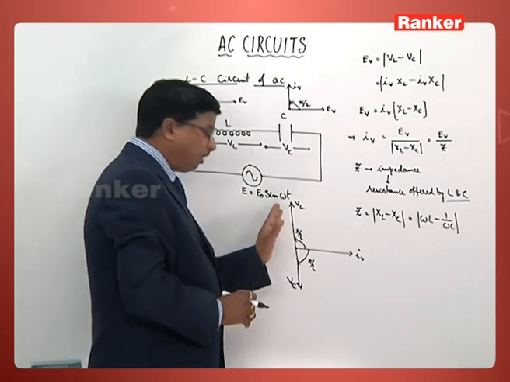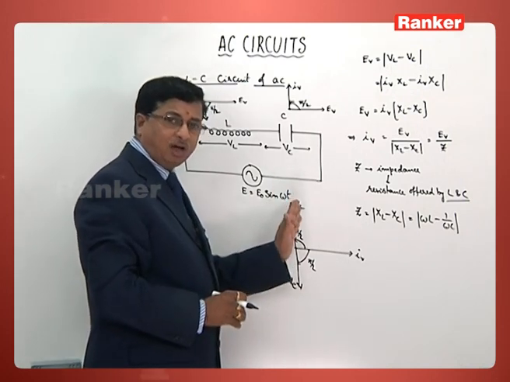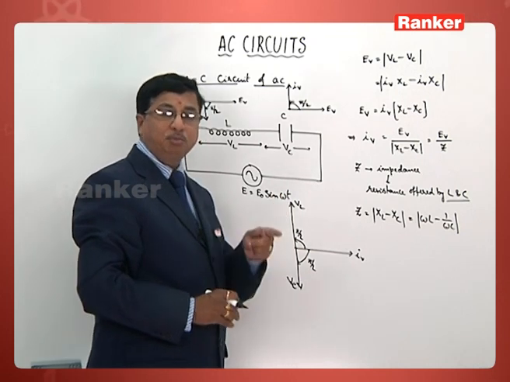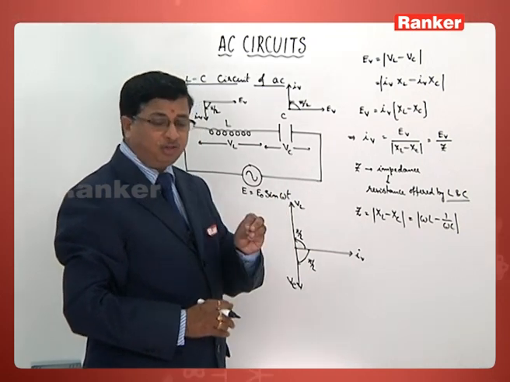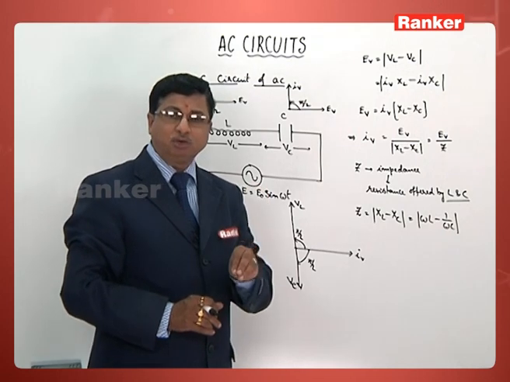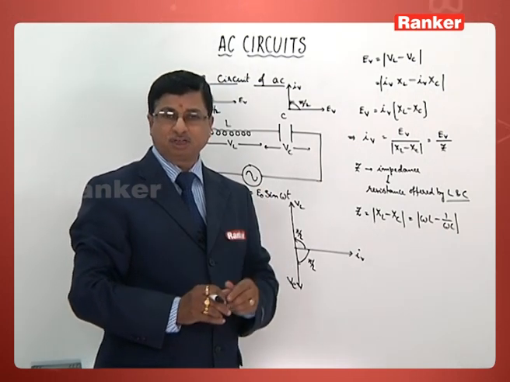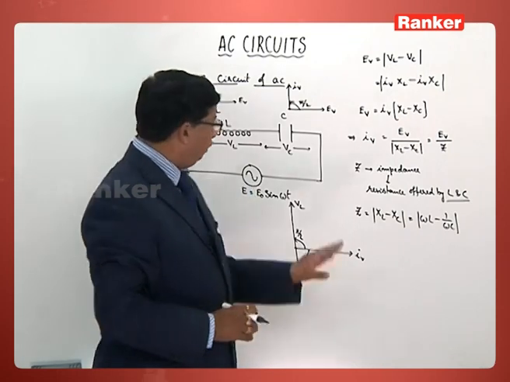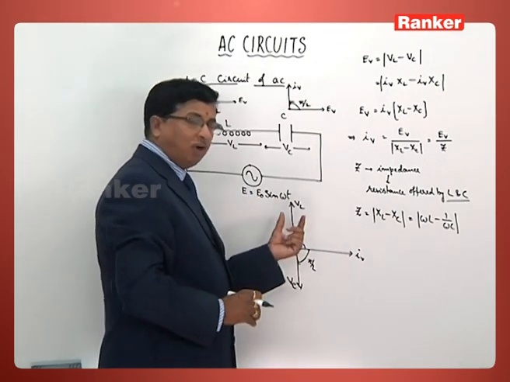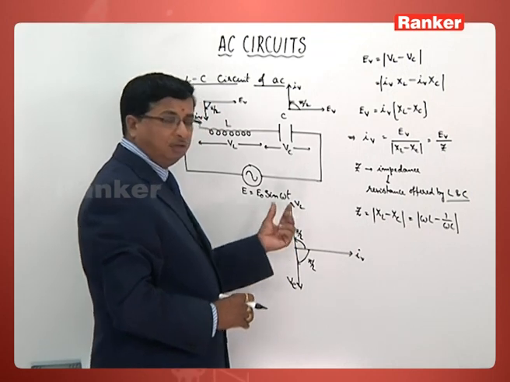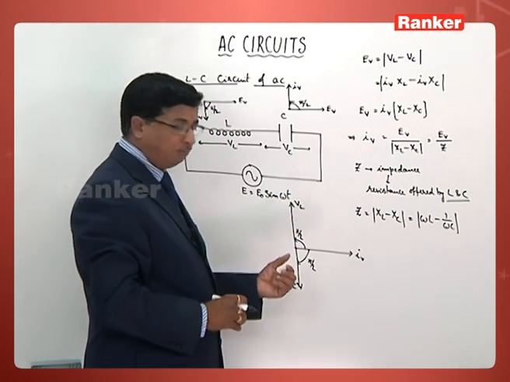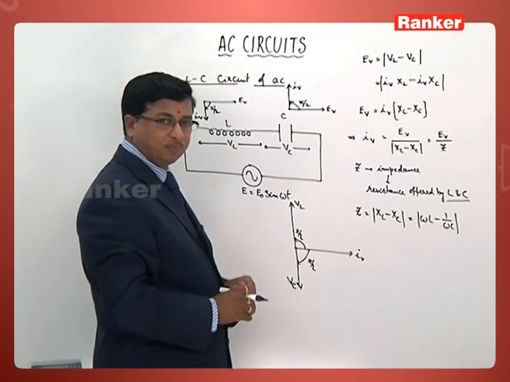So whether the direction is along VL or along Vc mainly depends on which has greater magnitude out of these two values, Vc and VL respectively. That way we can understand the direction of the virtual value of EMF in this particular circuit.